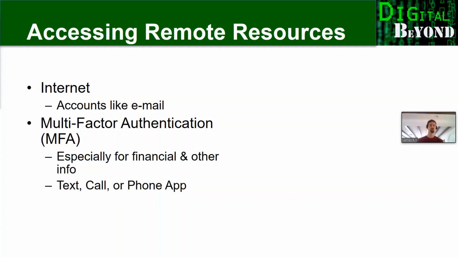It'll send you a code to your phone or your email, or it may call you, or a lot of times they even have a phone app that you can work with. Authenticator is an app from Microsoft, for example, that does that. And that authenticates you. So it knows that you have this extra way to authenticate, so that it knows it's you and not somebody else there.